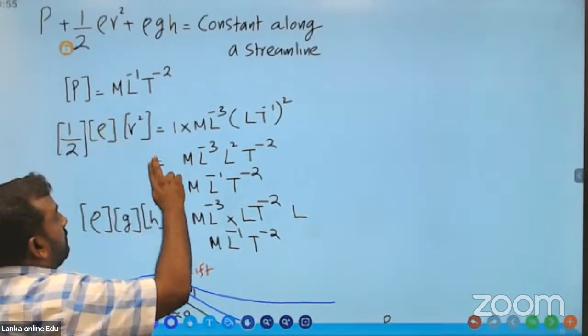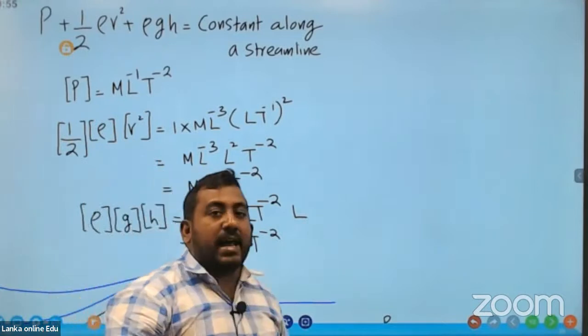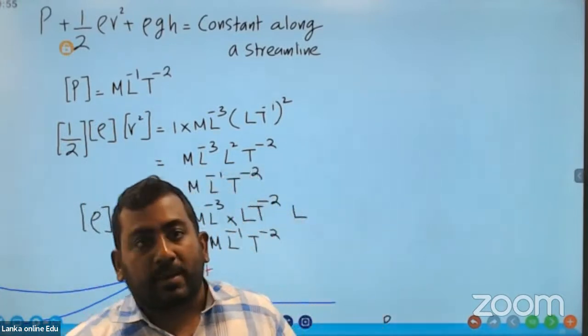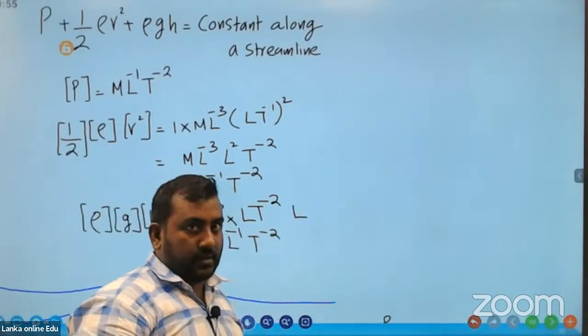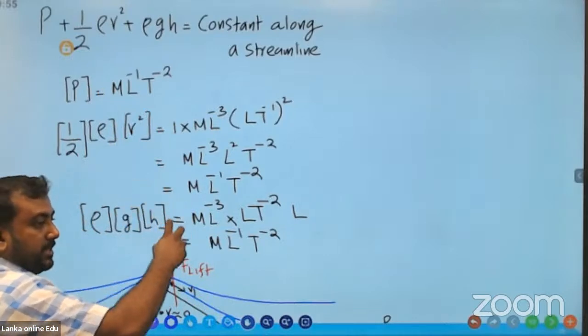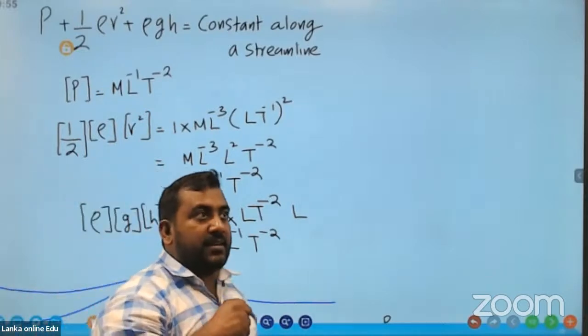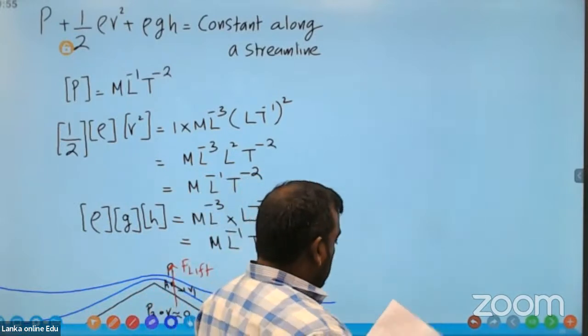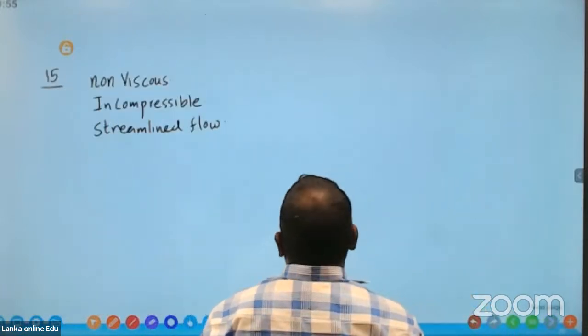Each term I found the dimension, and those dimensions are equal to pressure. Since each of these terms separately has dimensions of pressure, the equation is dimensionally correct. Okay, right. I won't show that because I've done it.